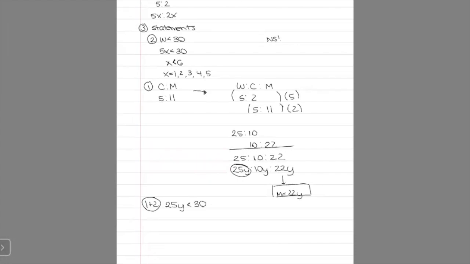So the only possible unknown multiplier that would work here, since it's not like we can have decimals or fractions, would be 1, which means that we would have exactly 25 women. We don't care too much about the women, but we care about the fact that Y is 1. Because now, since Y is 1, you can just plug it in and get the men, which are going to be 22 times 1. So just 22.